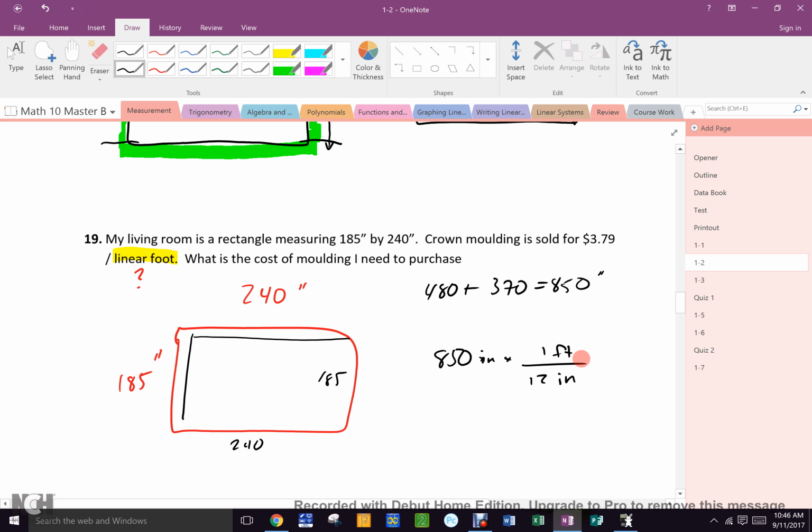The ones on top, so is it a multiply or divide situation? 850 divided by 12, and what do I get? 70.83333.